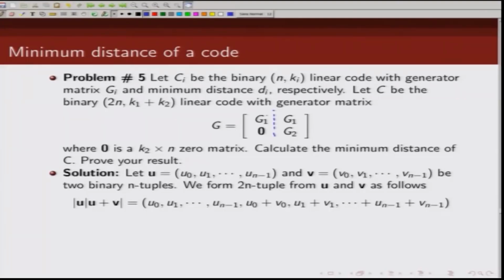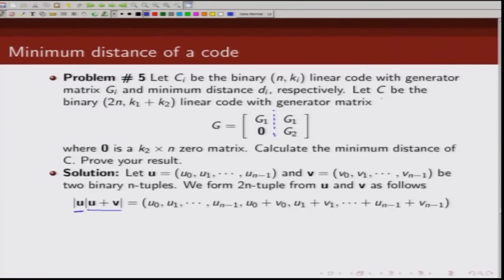The first n-bit code word is generated using u times G1, and the second you get as u times G1 plus v times G2. So the first part contains the n-bit code word u, and the second part is the n-bit code word u plus v.